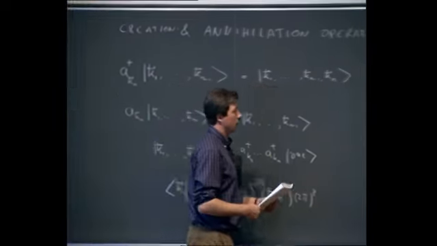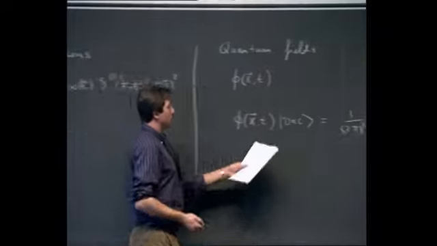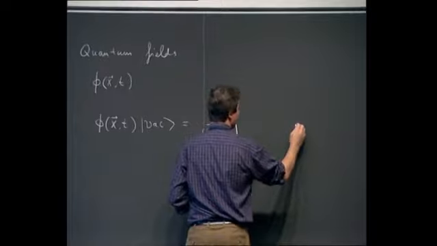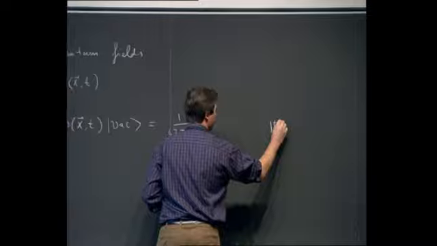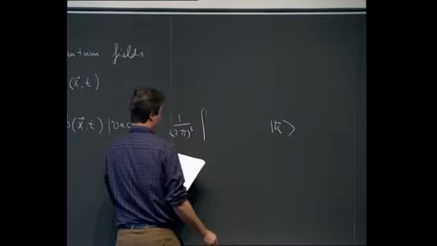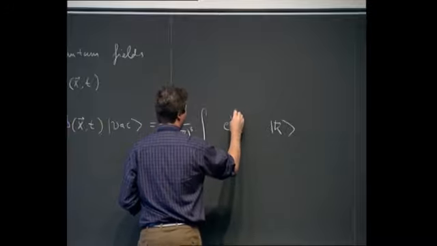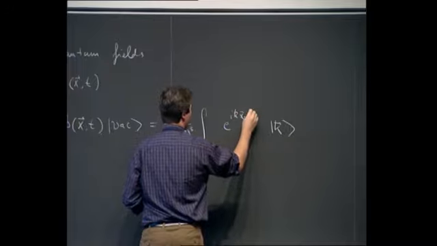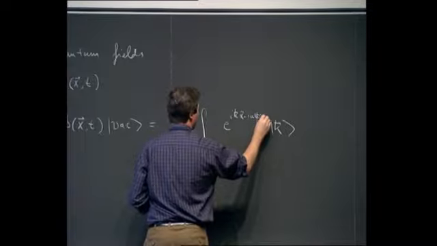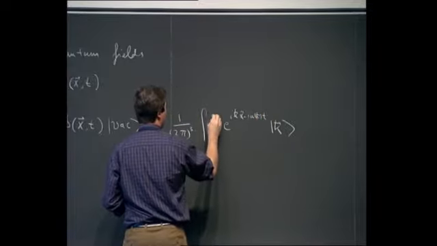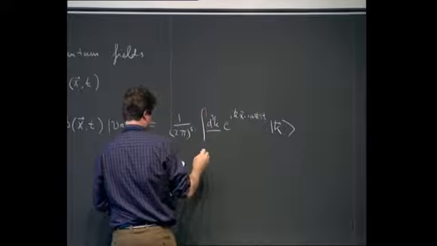So I can write it as a sum over states in momentum space, k. But what I have to put in front of it is a plane wave. And I integrate over k space.